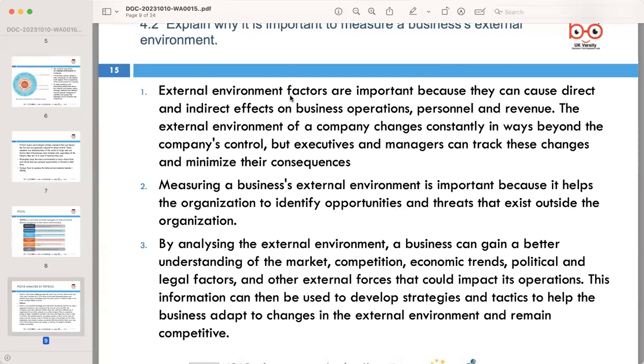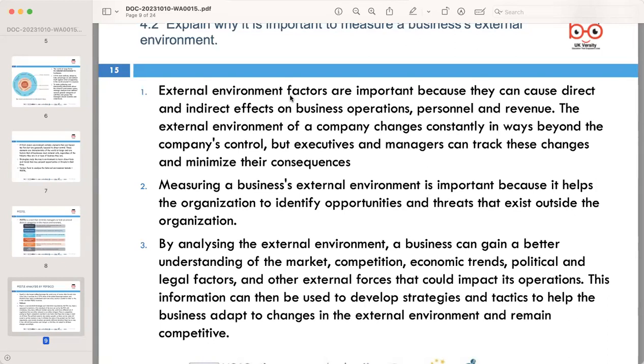By analyzing the external environment, a business can gain a better understanding of the market, competition, economic trends, political and legal factors, and other external forces that could impact its operations. So this information can then be used to develop strategies and tactics to help the business adapt to changes in the external environment and remain competitive.